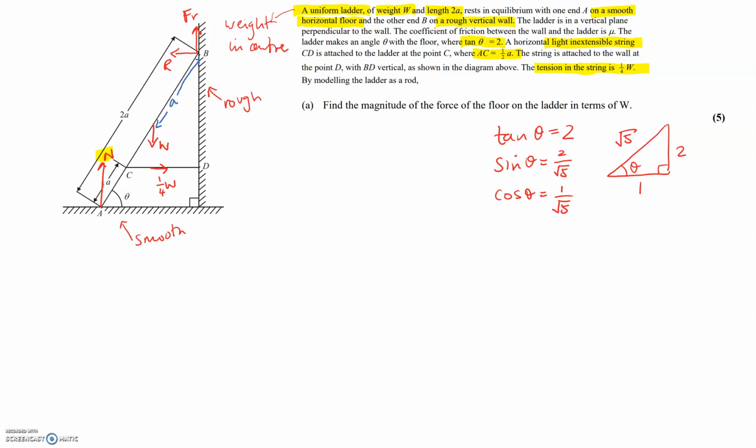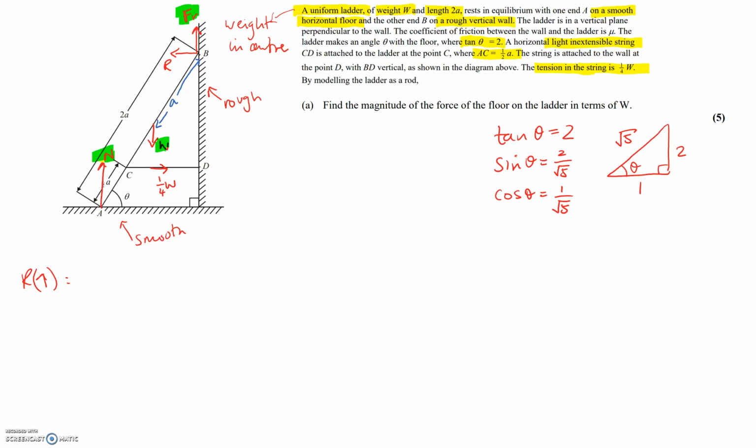With ladder questions, there's basically two things we do every time, which is resolve forces and take moments. We can resolve forces, and we'll do that very quickly anyway, but it's not actually going to help in this part of the question.